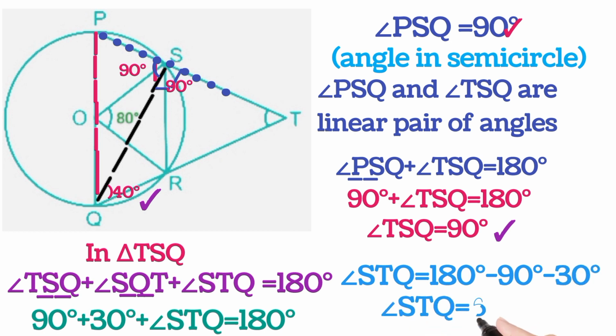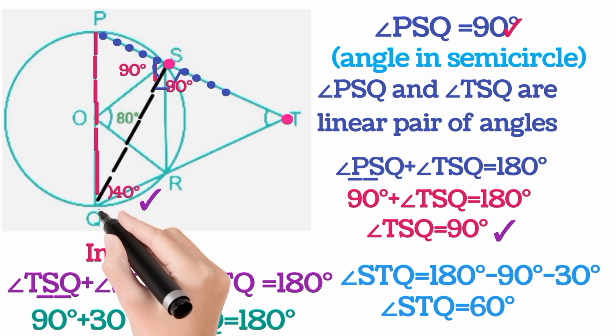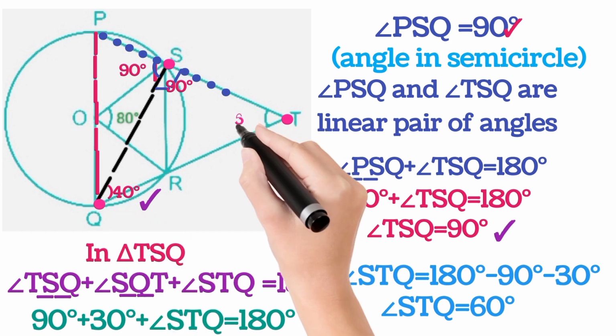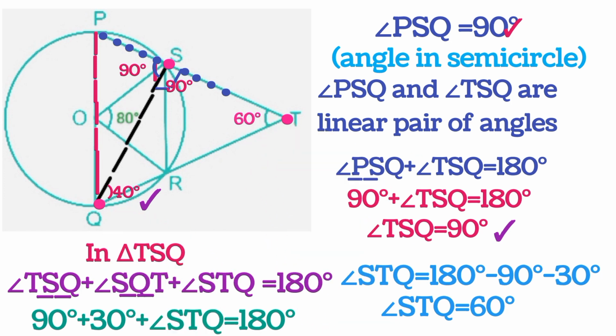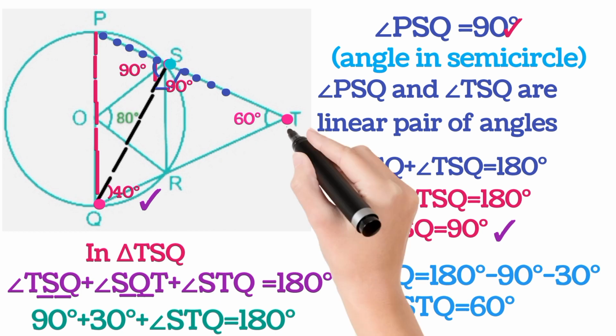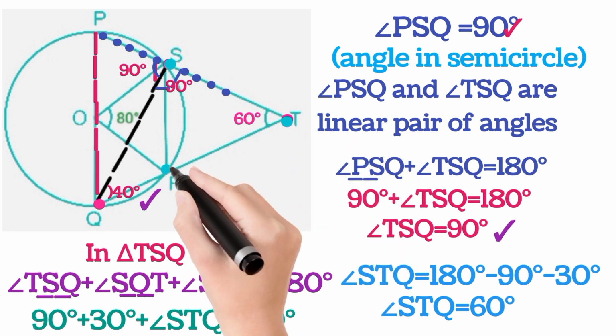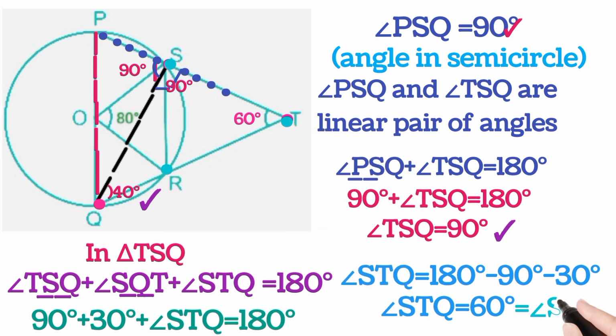That is, STQ is equal to 50 degrees. Now this can be written as STR. So angle STR is 50 degrees. So this was asked in the question.